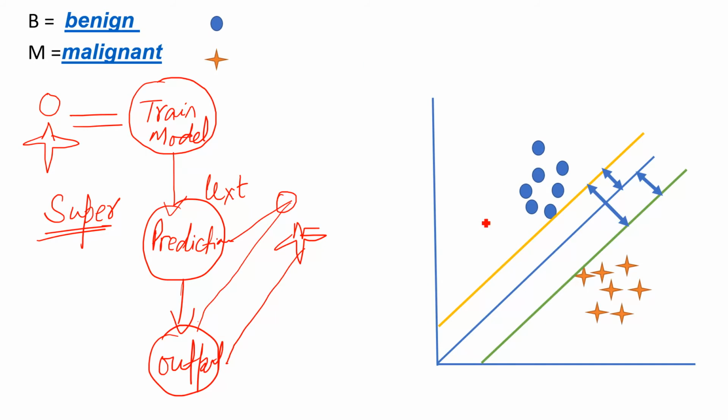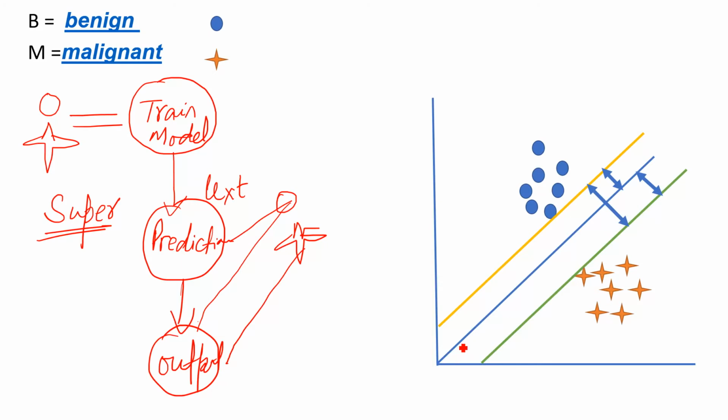Right, okay, now see here, this is the example. And what does the hyperplane mean? These are my benign cells and these are my malignant cells. I want to separate these two because SVM separates two classes. So here is one class, here is one class.